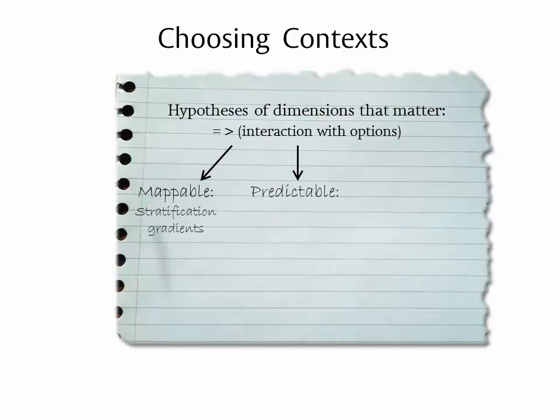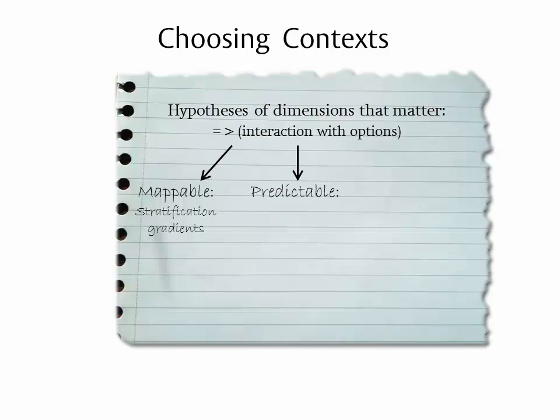They're predictable in the sense we know their status before starting the study. An example would be if we're interested in the interaction of an option with the gender of the head of the household. This is something that can be determined before we start the study, but you can't point to a map and say what the gender of the head of the household will be.